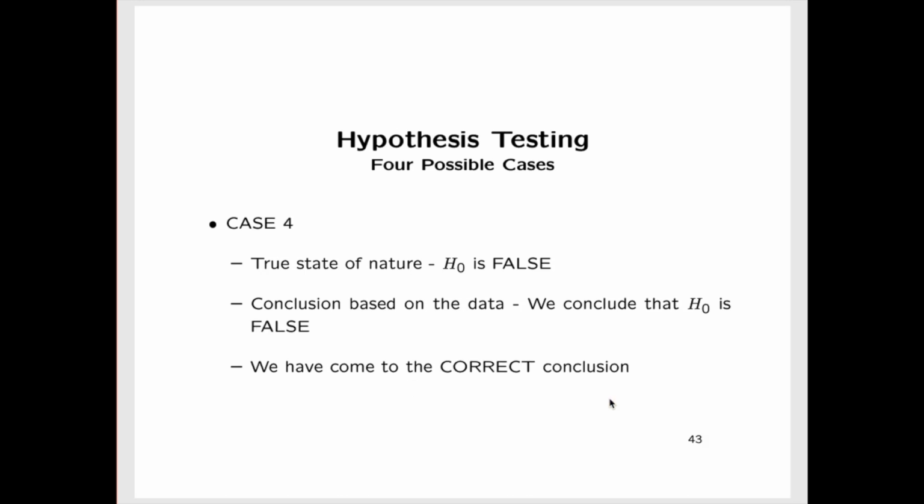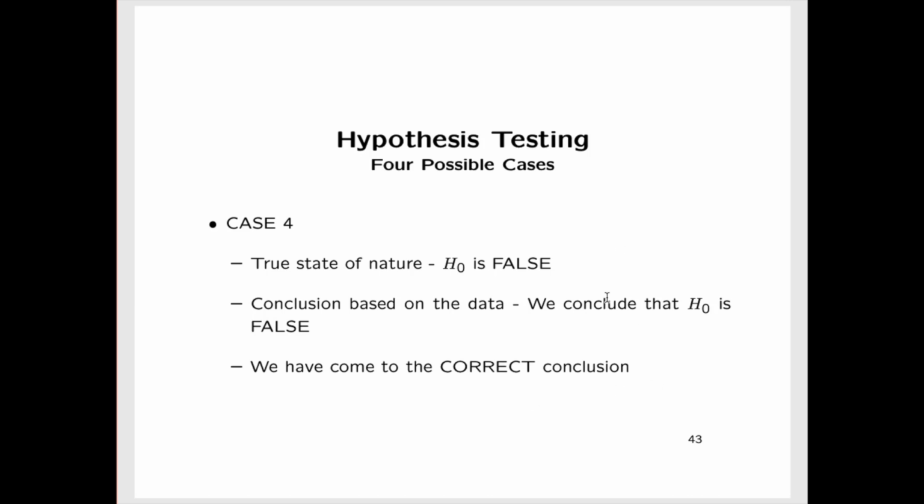And then finally, scenario 4. In this case, the null hypothesis is false, and based on the data that we get, we conclude that the null hypothesis is false. So that would be another instance of a correct conclusion.